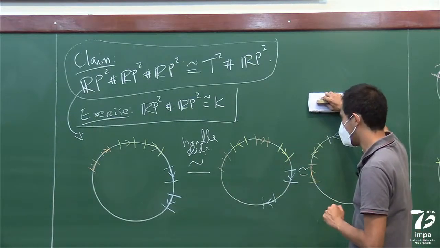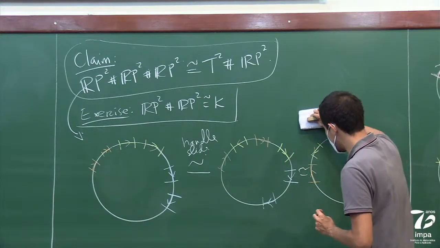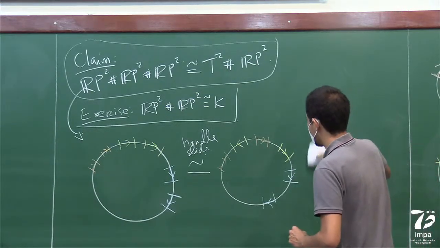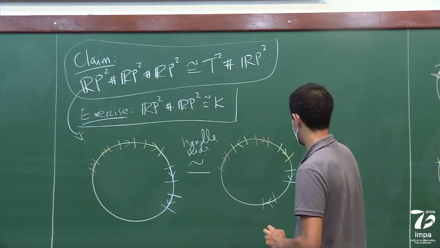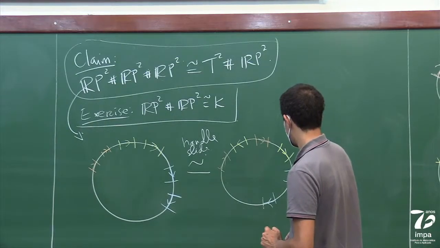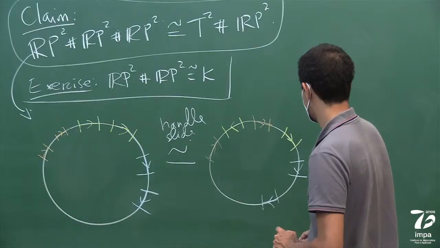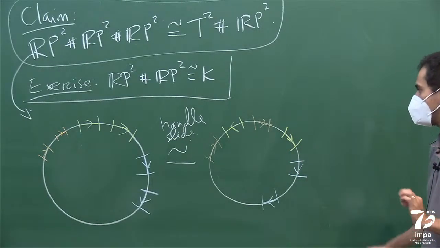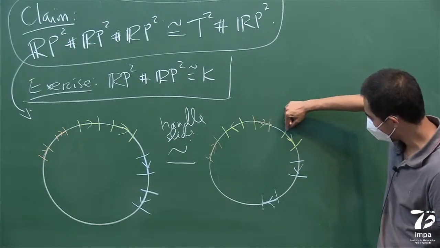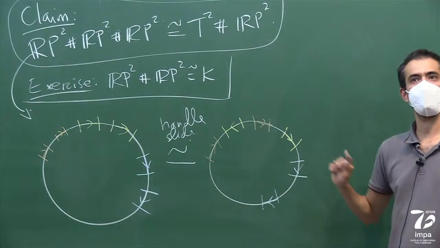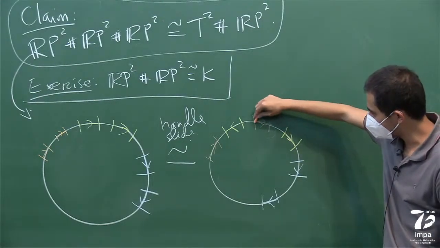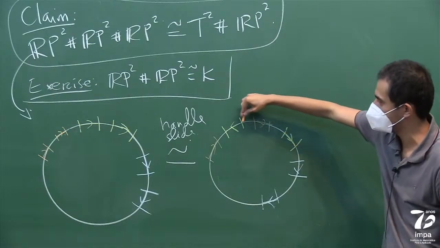So, sorry, maybe there's an easier way to get to where I want. You can actually take this guy and slide it from here to here, and then you flip it. So you take the orange guy, and you take a handle slide through this green guy.